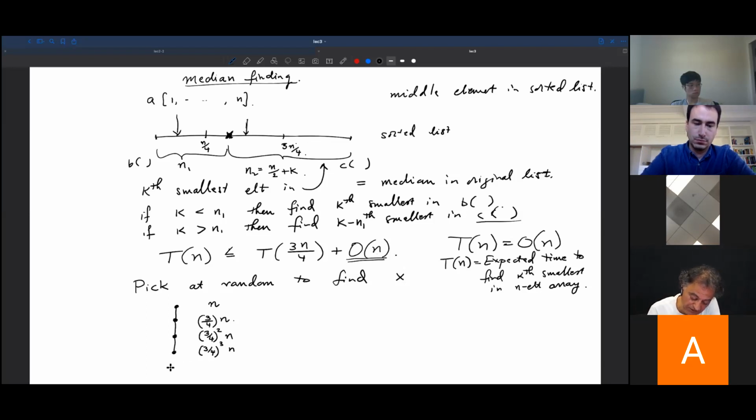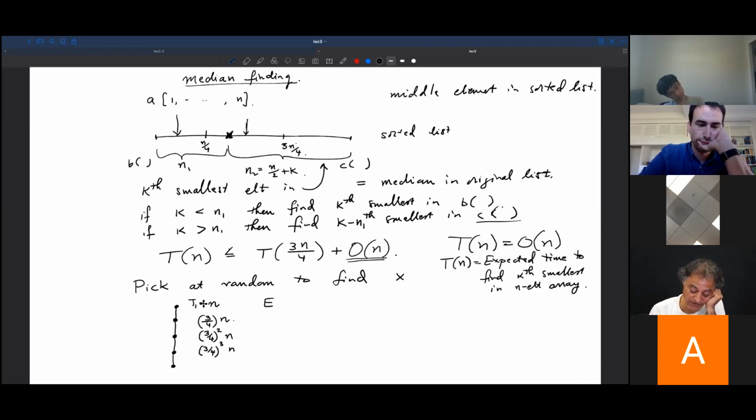So we get this geometric series, and so the total running time would be order n. But now, what I'm claiming is that if instead we use a randomized algorithm to try to pick this special element, then instead of time n, it's going to be the expected time.